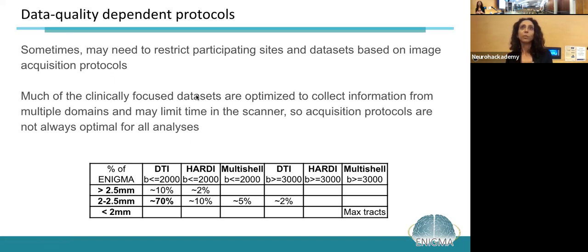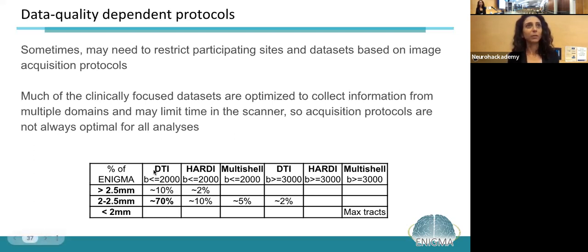So in order to develop a tractography protocol that is optimized to have the most connections possible, we need to tailor it to what the consortium has. So for example, there are a few data sets that have larger than 2.5 millimeter voxels. If you work with diffusion, you know that that's not the best to work with.